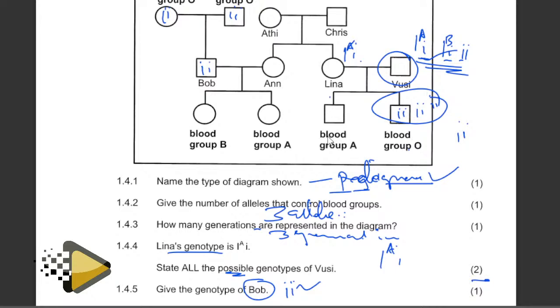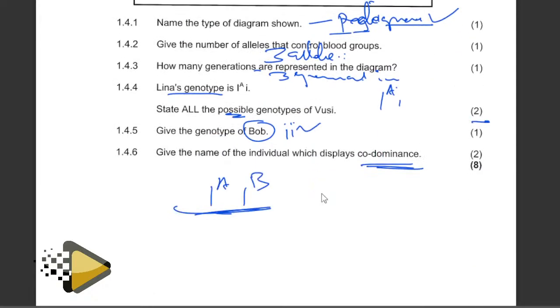See here, this person is blood group O, but the kids they produced are blood group B and blood group A. Definitely Anne is blood group AB. This can combine with this to produce A, and this can combine with this to produce B. Therefore, Anne is definitely the answer.